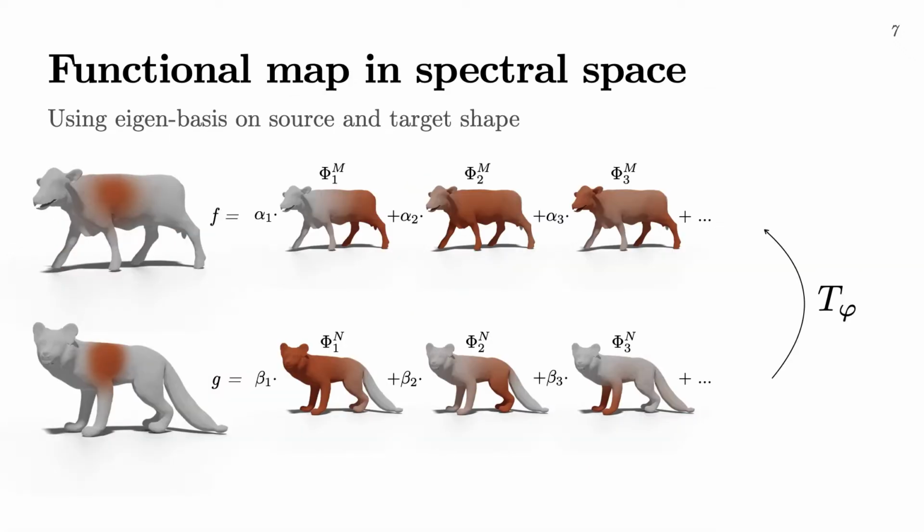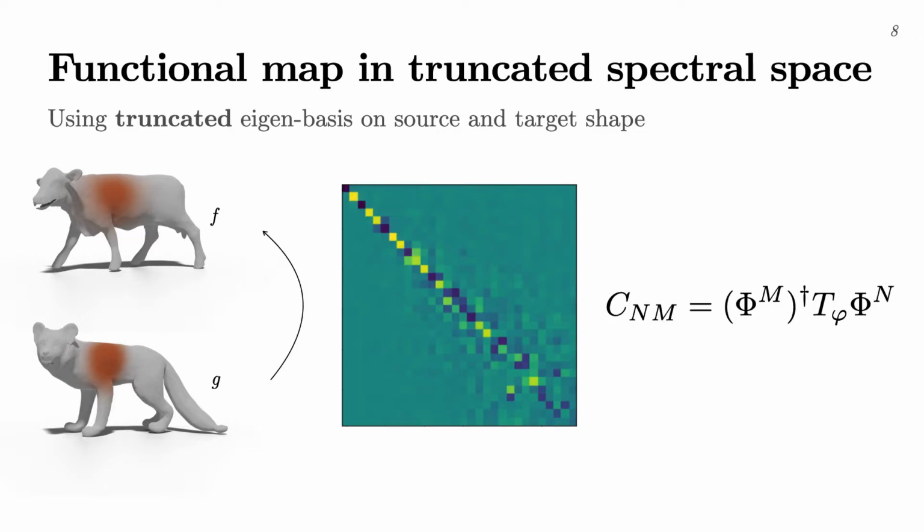I hope everyone's with me. We can decompose both source and target functions in respectively source and target Laplace-Beltrami eigen-basis. Now, cutting out high-frequency information, we can squeeze the important parts of our functional mapping into a small matrix, typically 30 square.